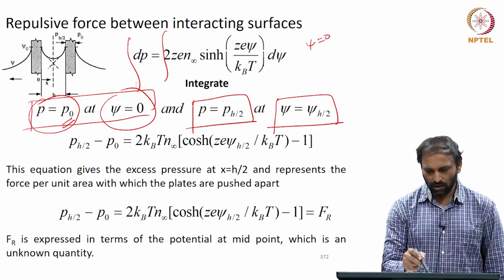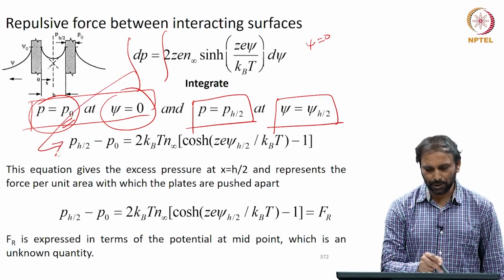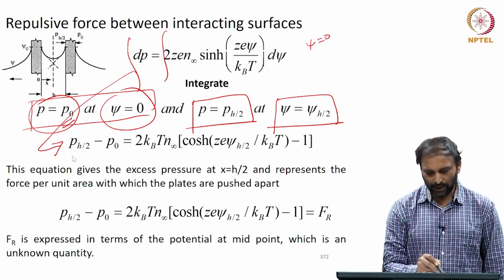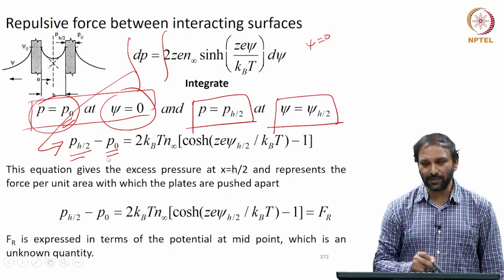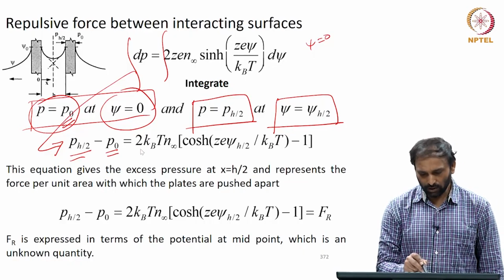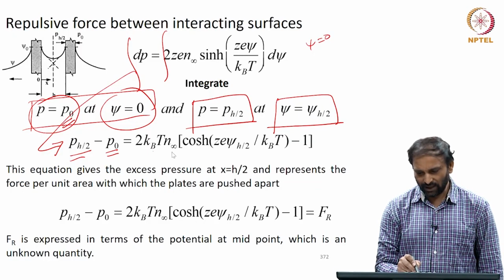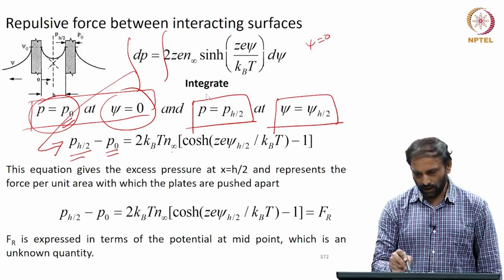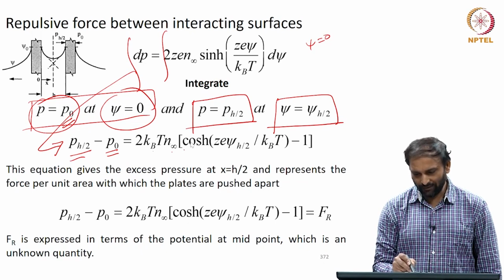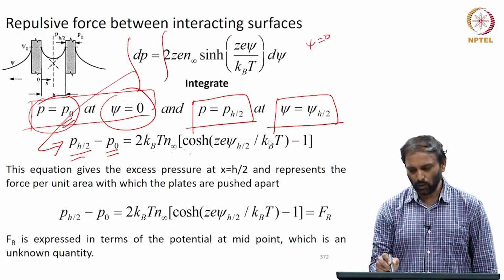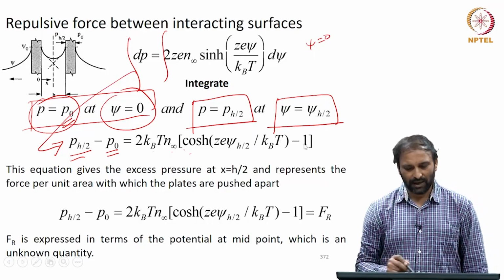Okay. Therefore, once I integrate and then substitute these conditions, I end up with P h by 2 minus P naught is equal to 2 times kBT n infinity, and you have cos hyperbolic z e psi at h by 2 divided by kBT minus 1.